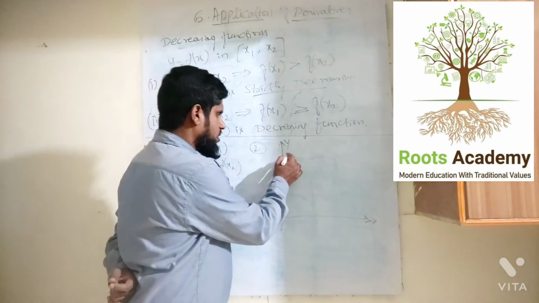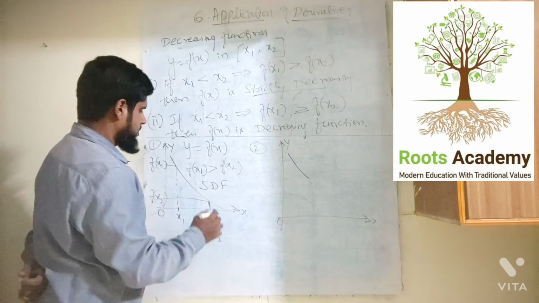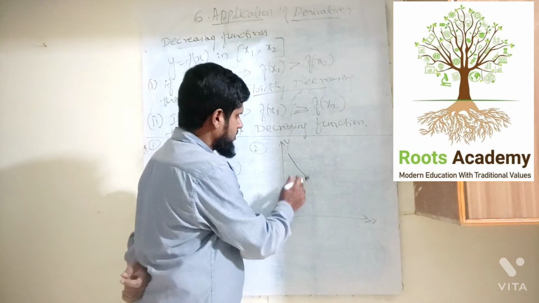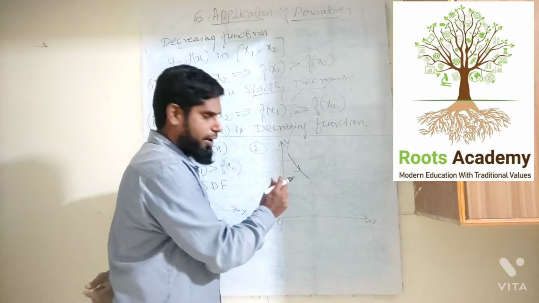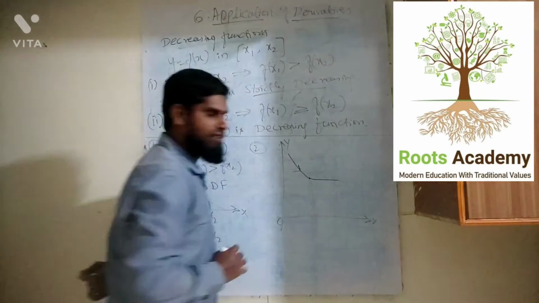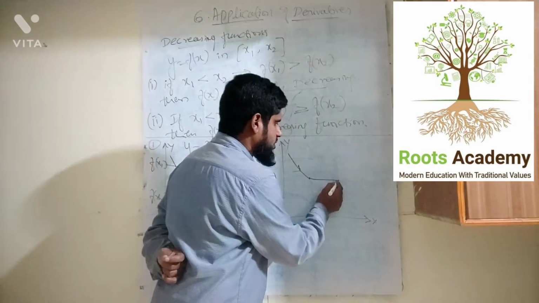So here the graph is decreasing. But at some particular point, the graph gets like this. Again, after this point, it starts decreasing.